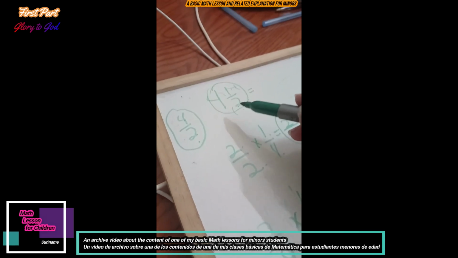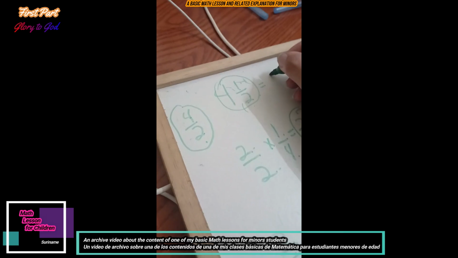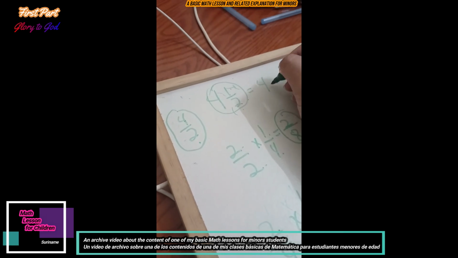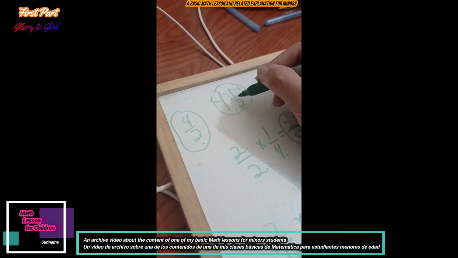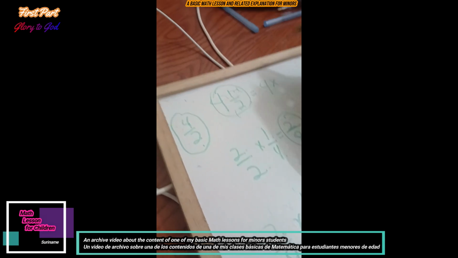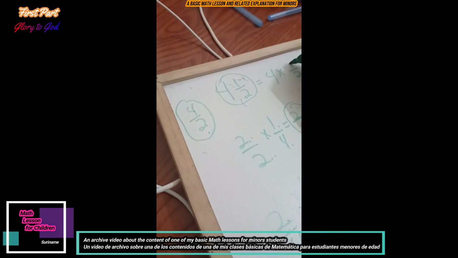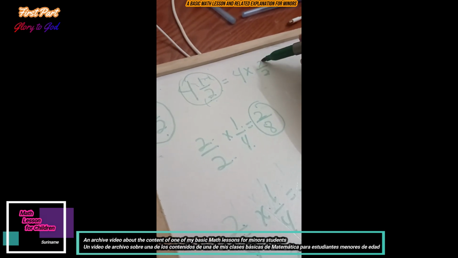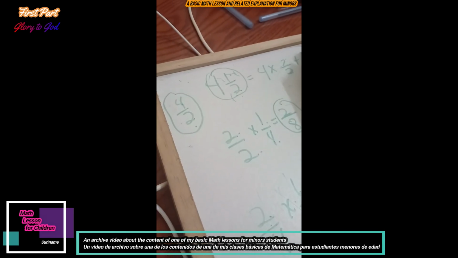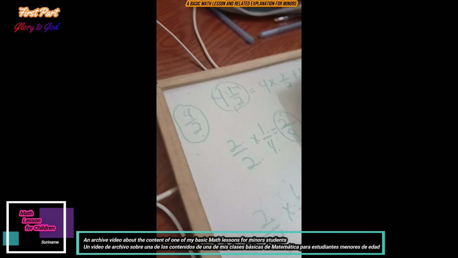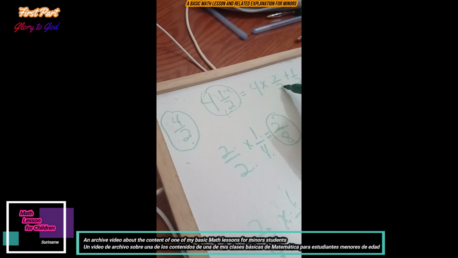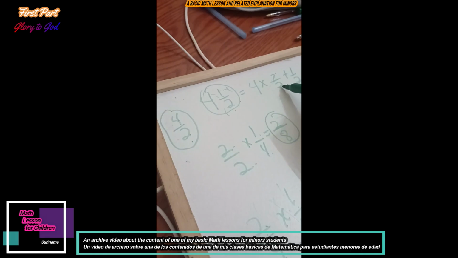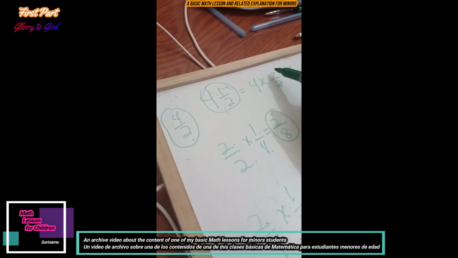How are we going to do this? Easy. Take 4 2/2... you multiply the whole number by the denominator, the same denominator, and put it in the top.